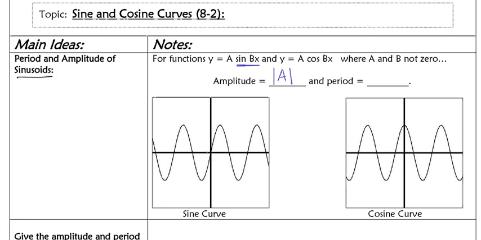All right, next we have the period, and the period is going to be affected by 2 pi over your b value, or 360 degrees divided by your b value. And now why is that? Well, if b is 1, then the curve's occurring at just the exact same time that we're used to.